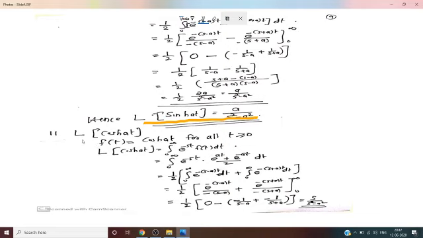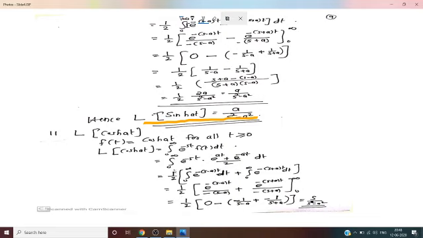Now, Laplace transform of cosh at. You know that cosh at equal to e raised to at plus e raised to minus at divided by 2. Now, Laplace transform of cosh at equal to integral 0 to infinity e raised to minus st into cosh at dt. That is integral 0 to infinity e raised to minus st into e raised to at plus e raised to minus at divided by 2 dt.